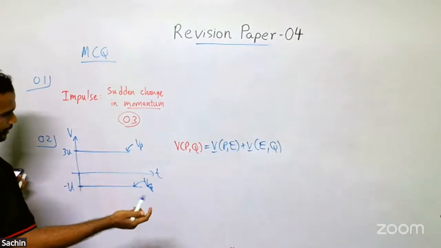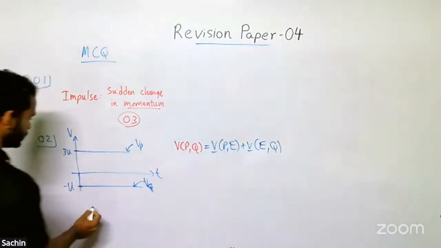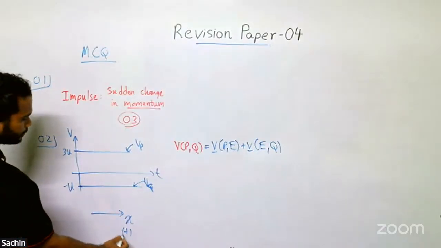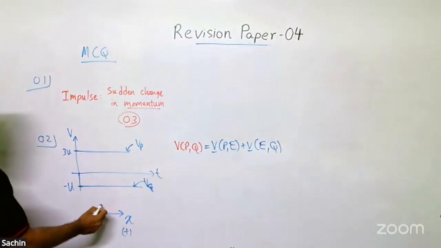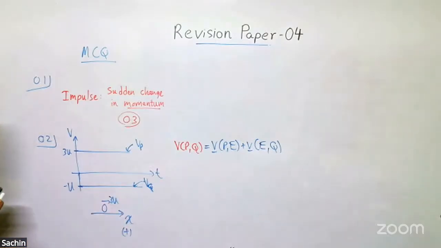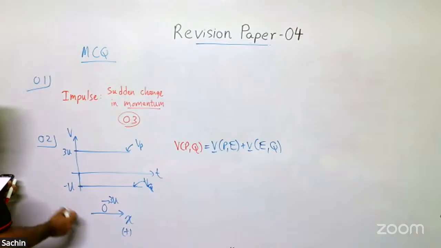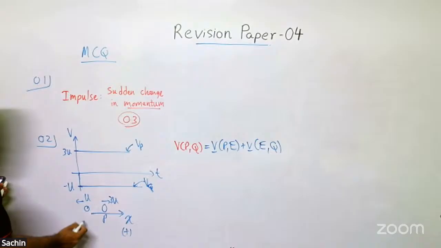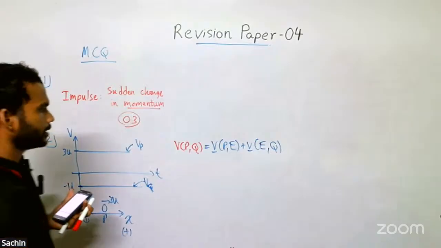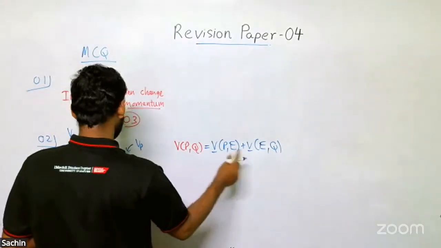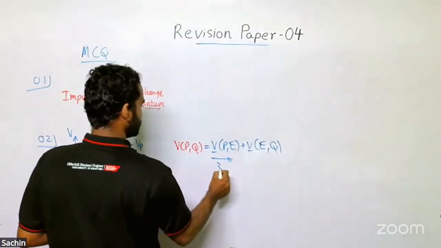We don't know the direction, let's say this is the direction, the positive direction. So the object P has 3u velocity in the same direction, and Q's velocity is negative. That means Q is moving in the opposite direction with u. So velocity of P relative to Earth, in this direction, is 3u.